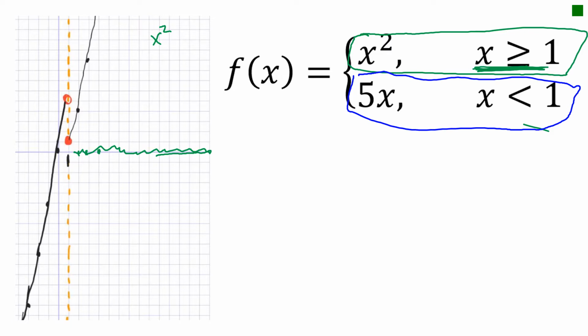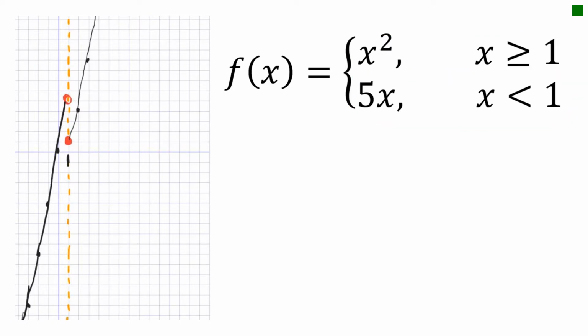Our function 5x is on the other side of the fence where x is less than 1. So x is less than 1 here on that side of the fence. So that means that 5x is going to live on that particular side. So that's where we get those two pieces for that particular graph.